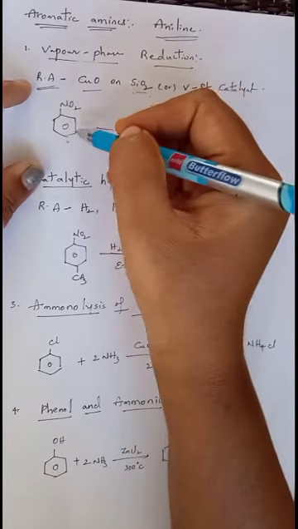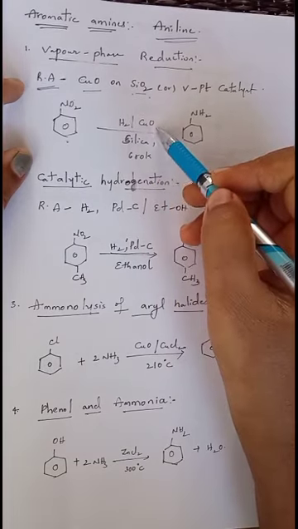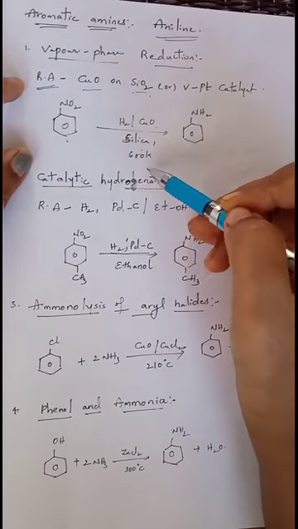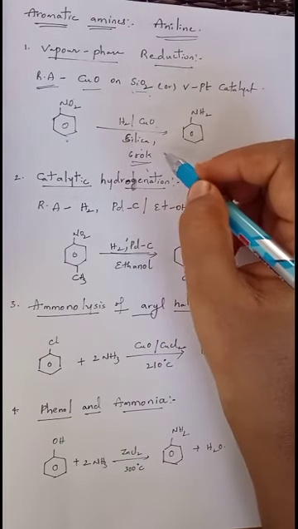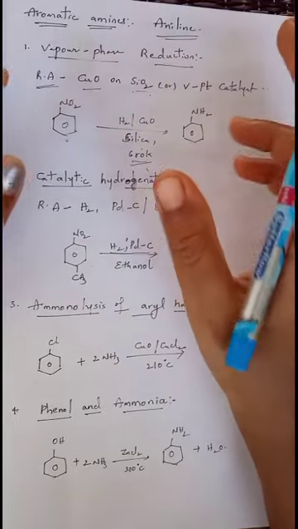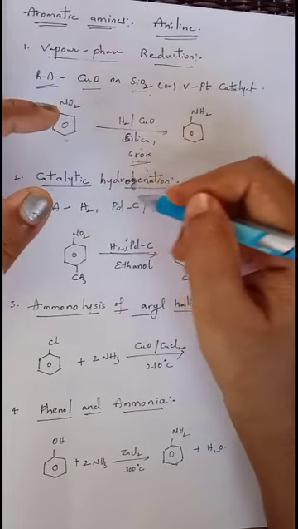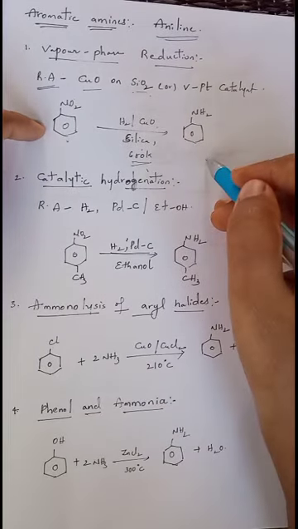When nitrobenzene undergoes reduction with copper oxide in silica at 680 Kelvin, a high temperature, because only at high temperature will the reaction take place, the nitrobenzene can be reduced into aniline.